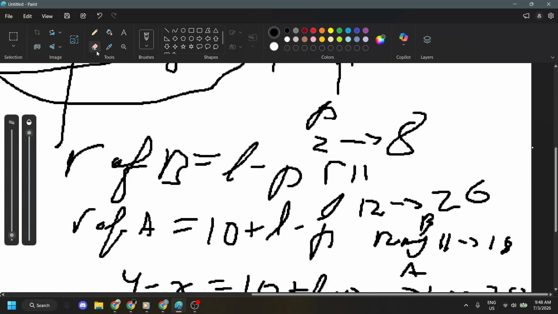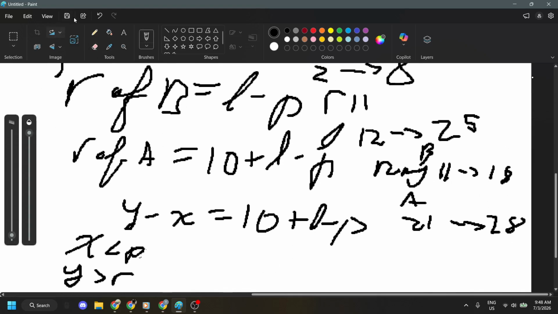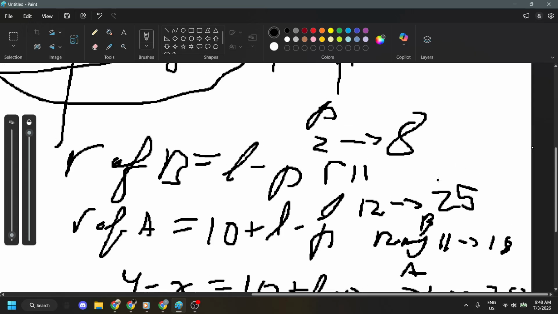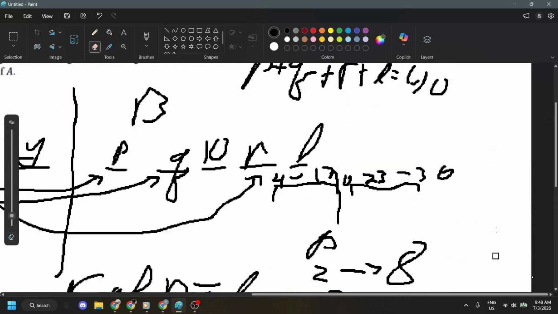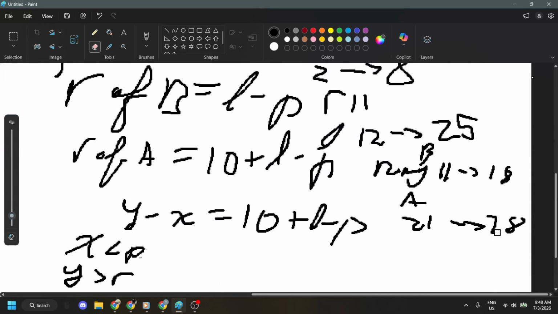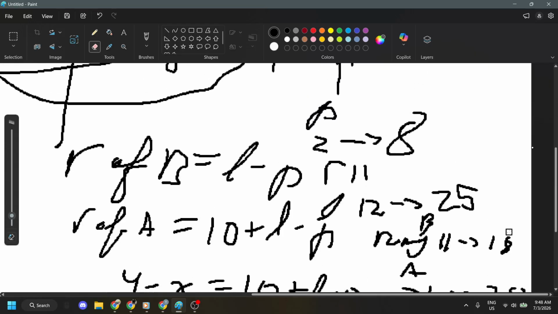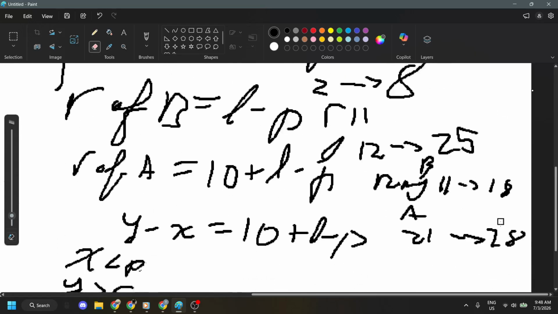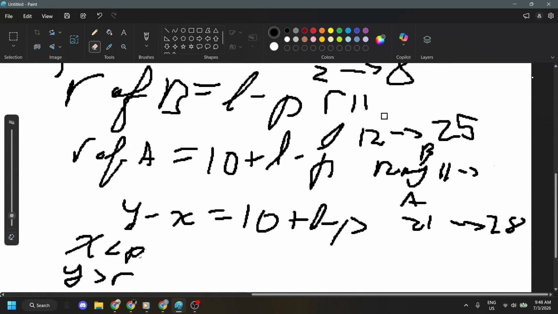Which means at the largest, this is 25. 25 minus 2 is, 25 minus 8 is 17.